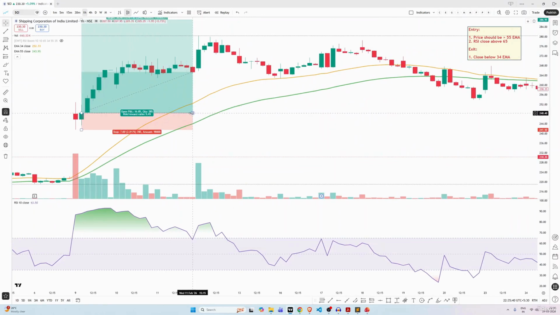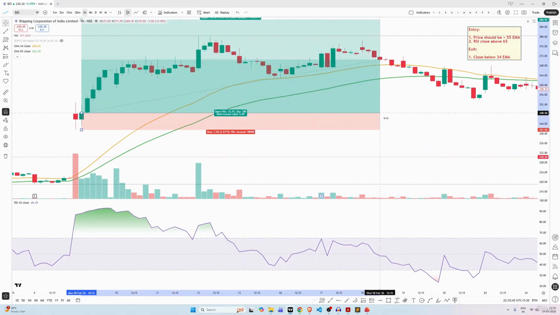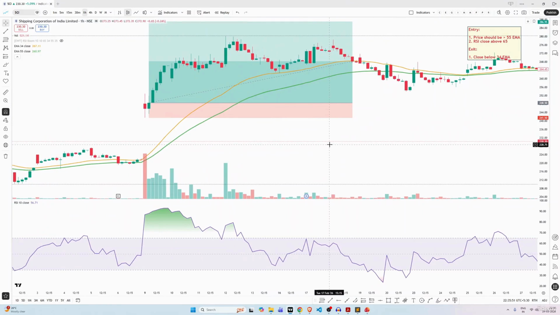Now if you see, this is the candle that closed below the 34 period EMA. So this is where I'm going to exit, right? This was my entry and this is my exit. As you can see on this particular trade, we made 19.7 points and we risked almost 7 points.